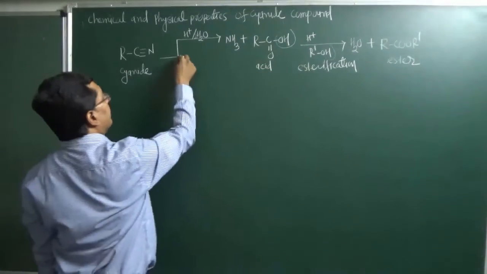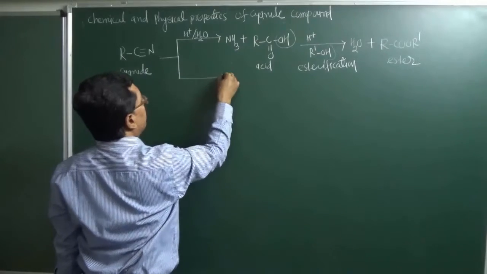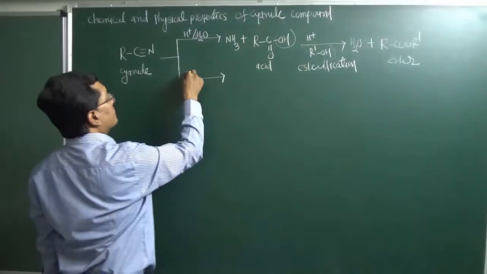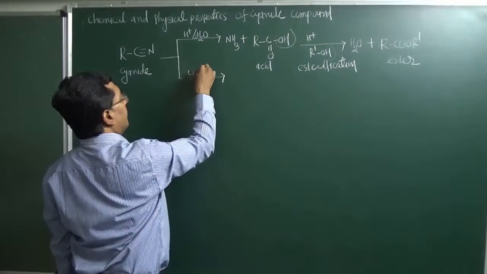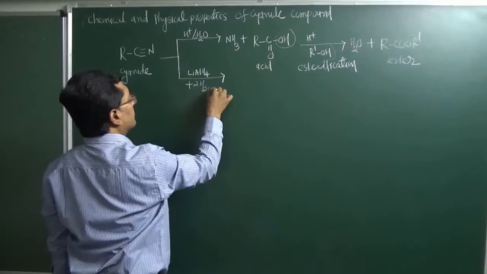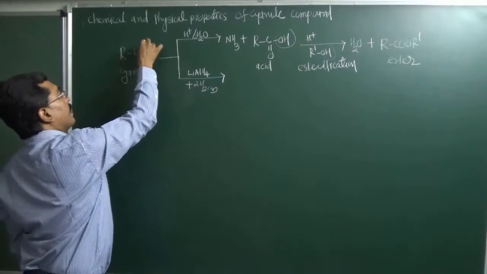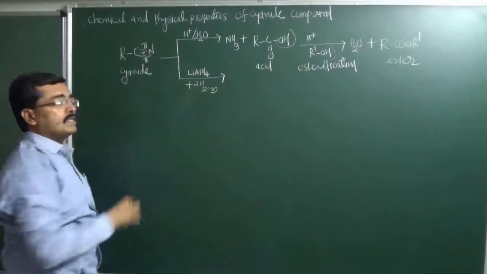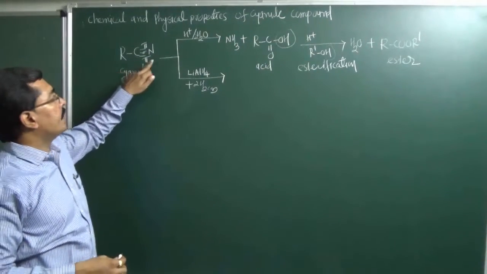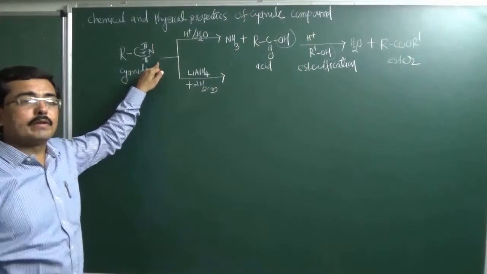Now, a little different thing. Whatever cyanide compound we have, now we are doing reduction of this in the presence of lithium aluminium hydride. So on reduction, both pi bonds will break. Pi bond easily breaks. Now 2 hydrogen will be added on carbon and 2 hydrogen will be added on nitrogen.